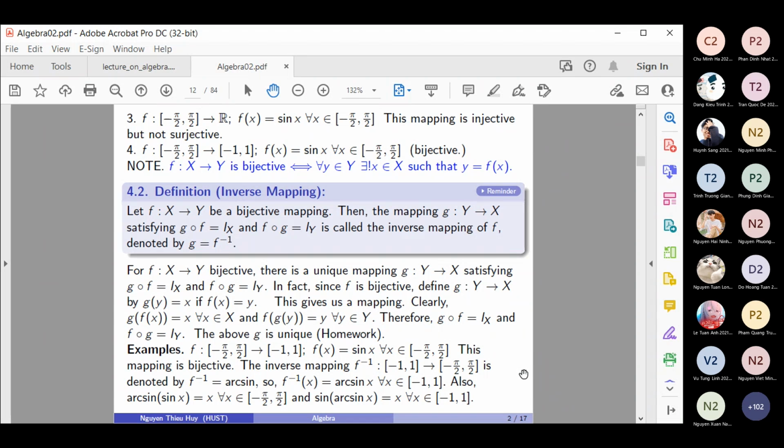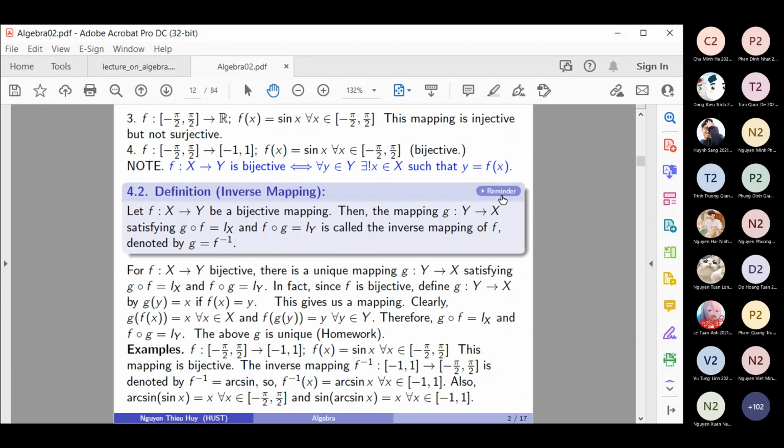Otherwise, we cannot define the inverse, right? And the inverse is defined very simply. You use this condition: G composed with F is identity on X, and F composed with G is identity on Y.